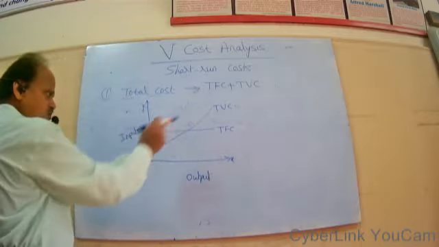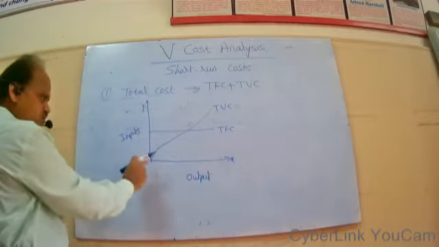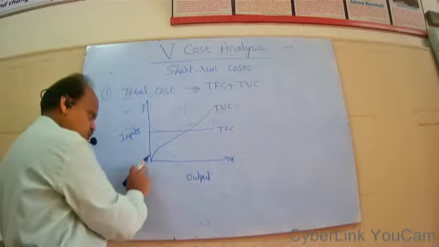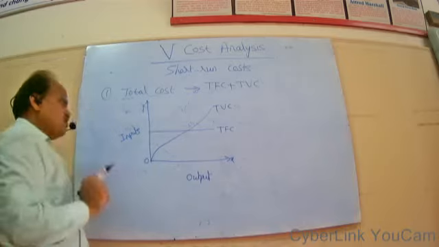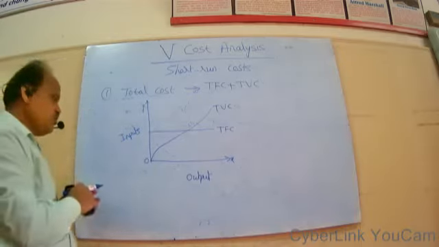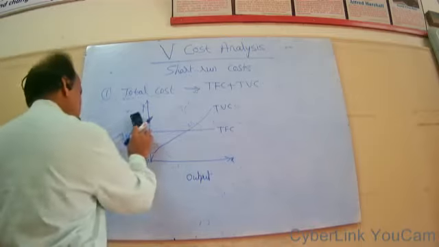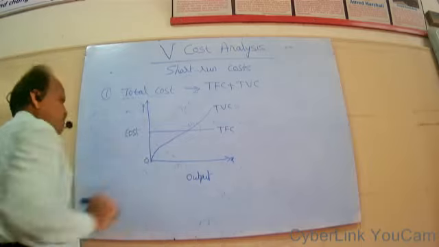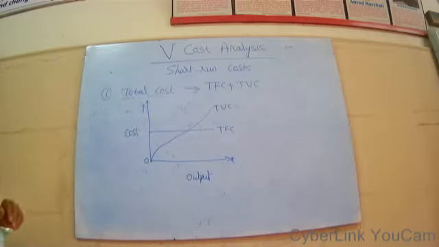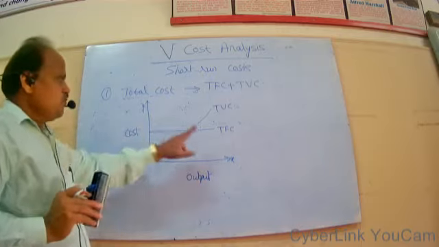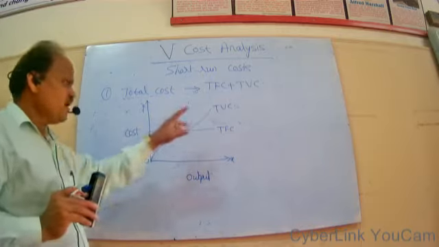Total variable cost curve starts from origin, that is starts from 0, because if your output is 0, then total variable cost would also be 0. So here inputs or cost, you can also measure cost of production also, output and cost. Total fixed cost curve, total variable cost curve.